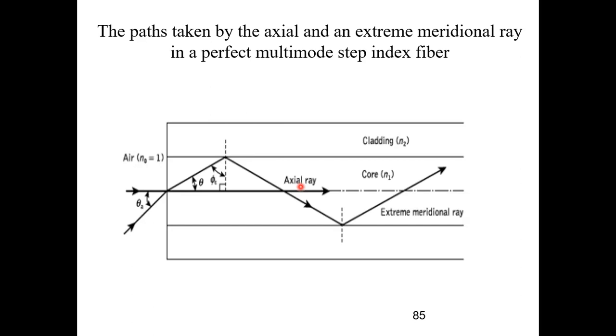Hence the time taken for the axial ray to travel along a fiber of length L gives the minimum delay time T minimum. So what will be T minimum? Your formula of time. Anybody remembers?